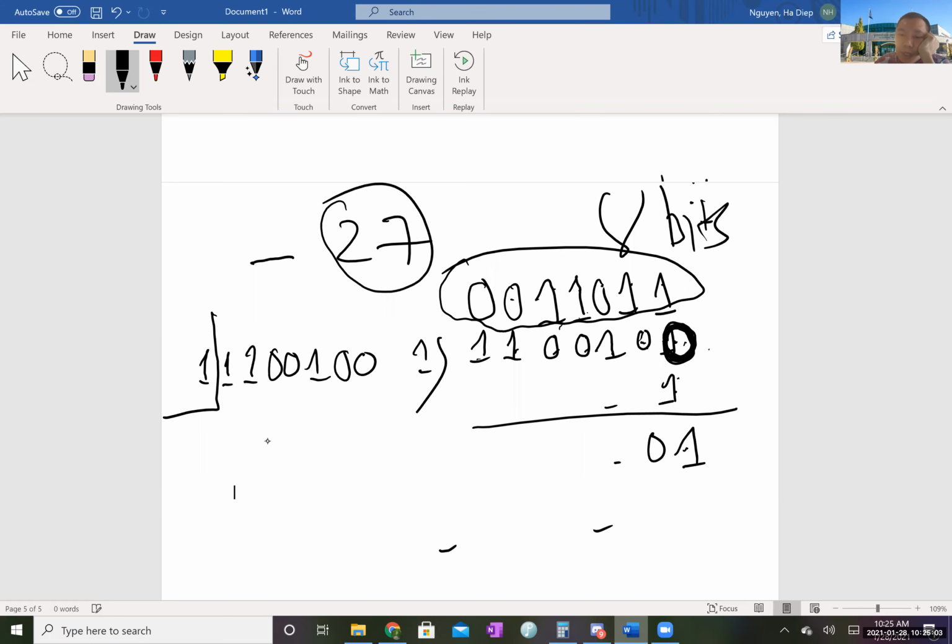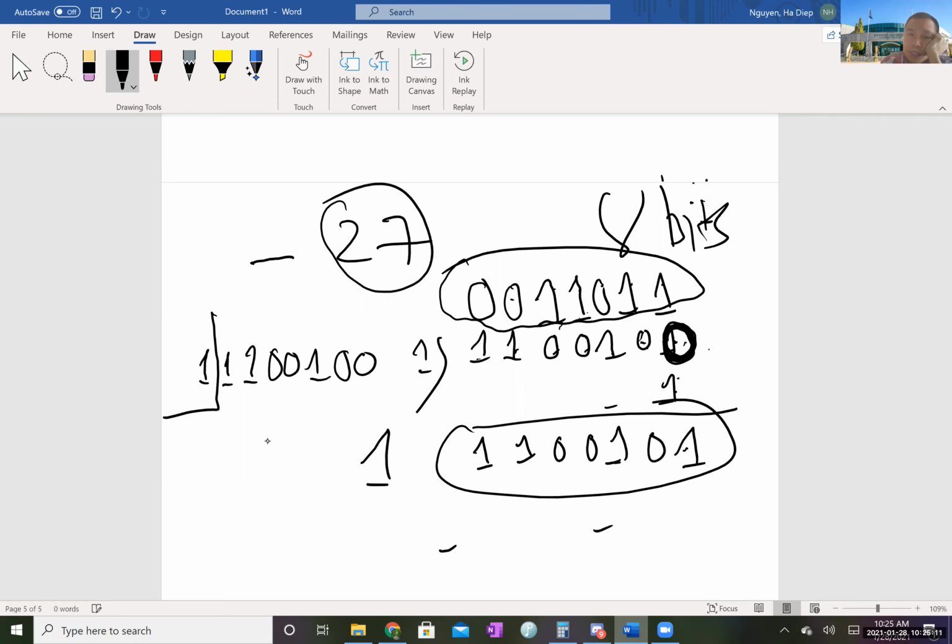After that, you have 0, 1, 0, 0, 1, and 1 here, right? That is the 2 complement, and of course, you have 1 bit here as a sign. So negative 27, when you represent in 2 complement, is 1, 1, 1, 0, 0, 1, 0, 1 here. Is that correct? Okay.